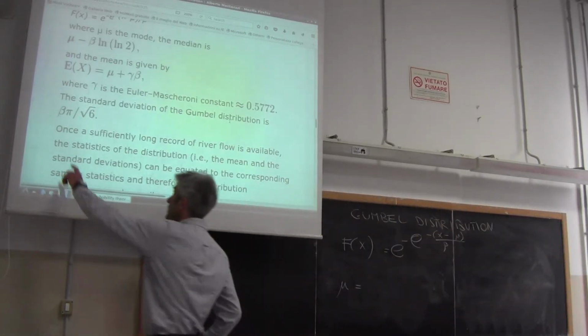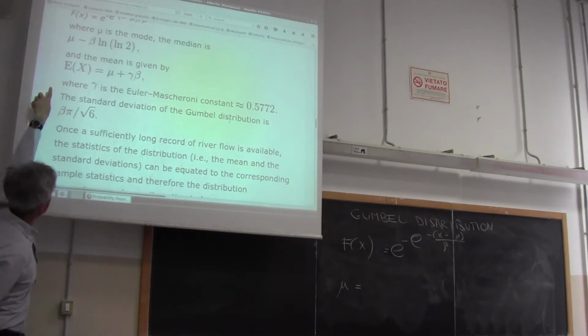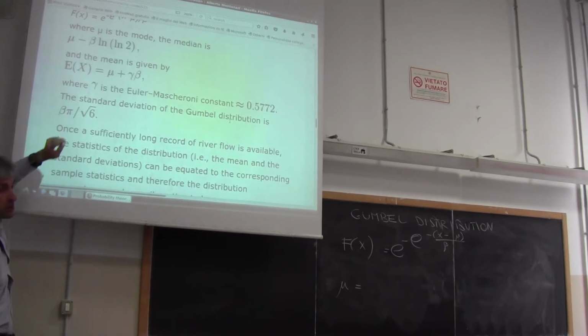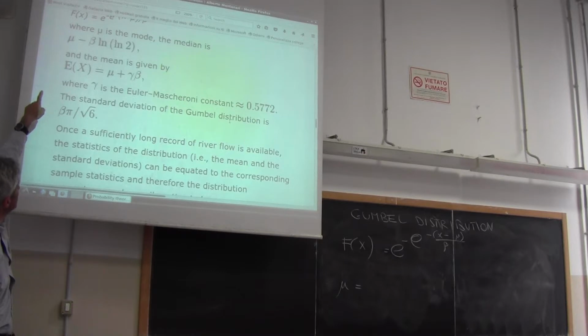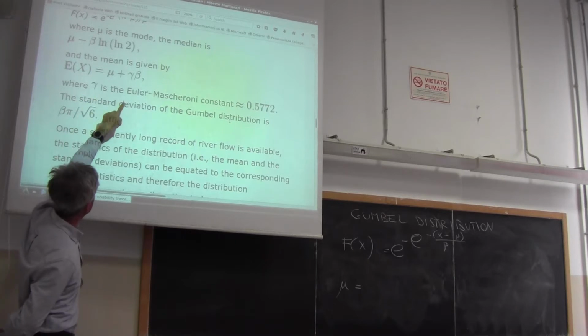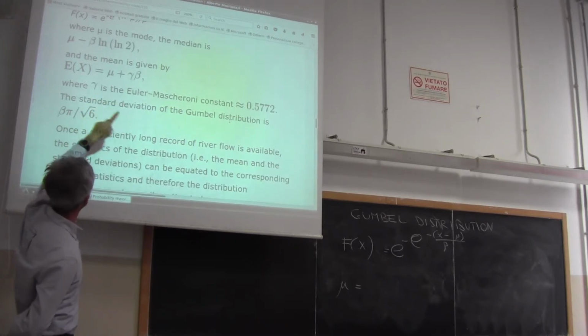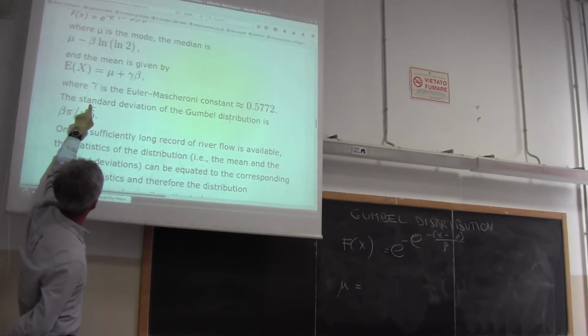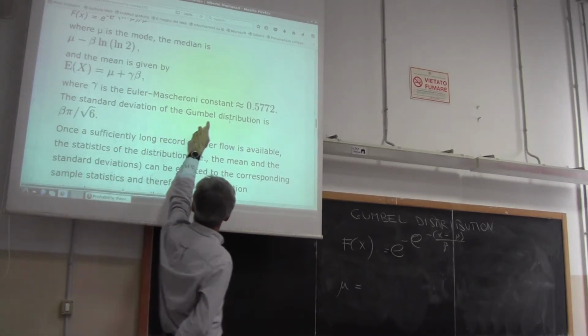This is the average of x, so given your sample of annual maxima, you can compute E of x like the average. And therefore, once you know the average, here you have a relationship that relates the average to mu and beta through lambda, gamma. Gamma is given by this value here.